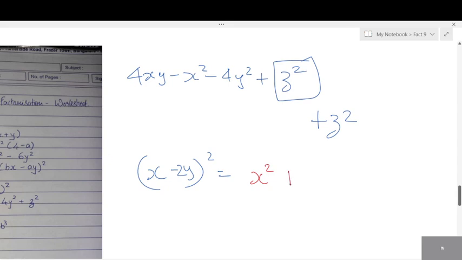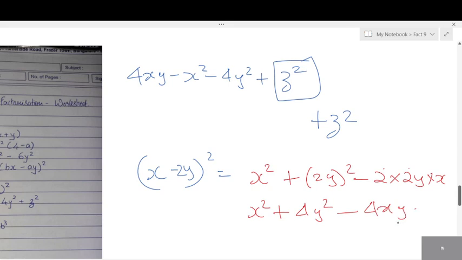A square plus b square minus 2ab. I'll write x square plus 4y square minus 2 2s are 4, 4xy, right? 4xy.